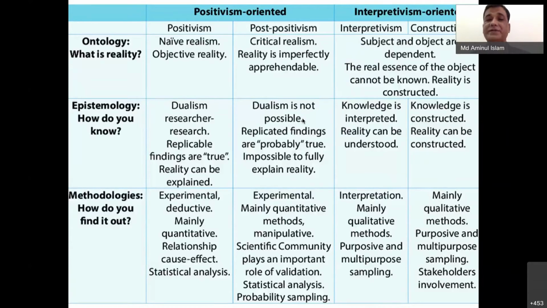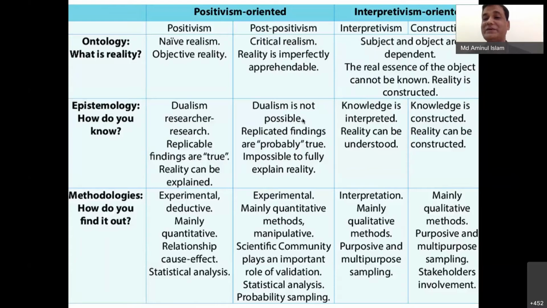When you undertake research, our research will fall into one of these categories. There are four categories. Either we fall into positivism, whereby we conduct a deductive approach and quantitative study, and find out only one truth. We accept or reject hypothesis. Post-positivism, we find out more than one truth using quantitative study and deductive approach. Or we go deeper and deeper into a problem and we interpret it.